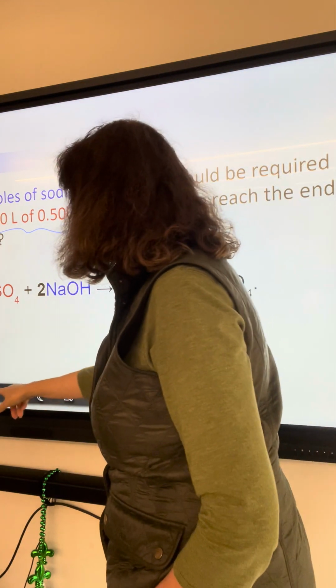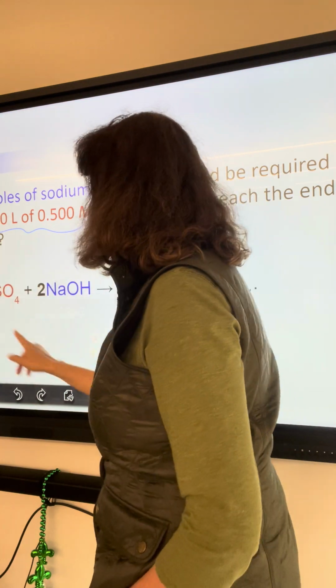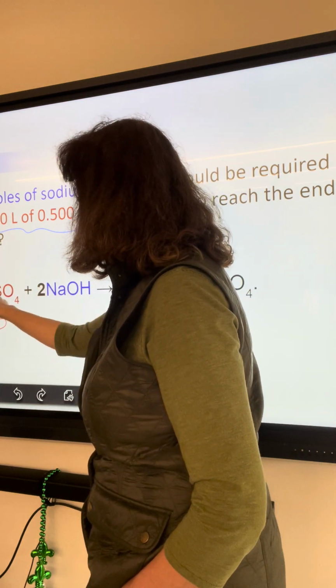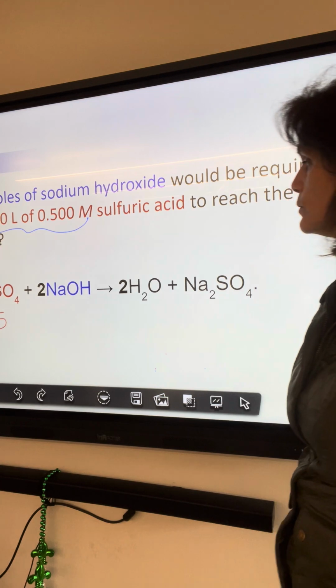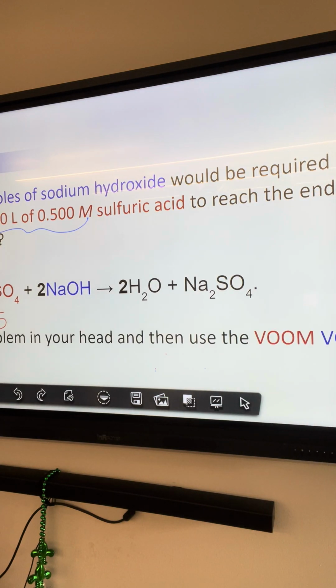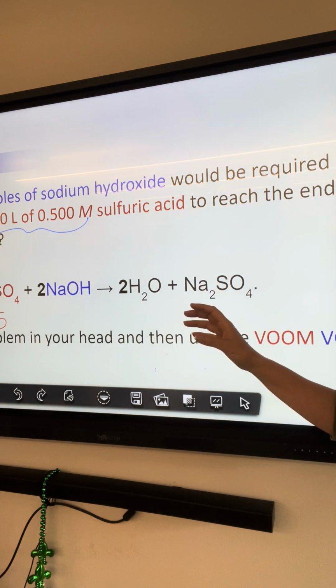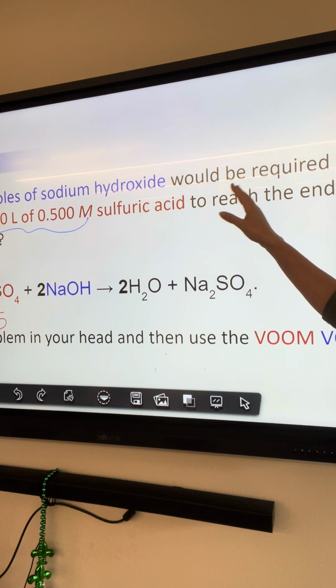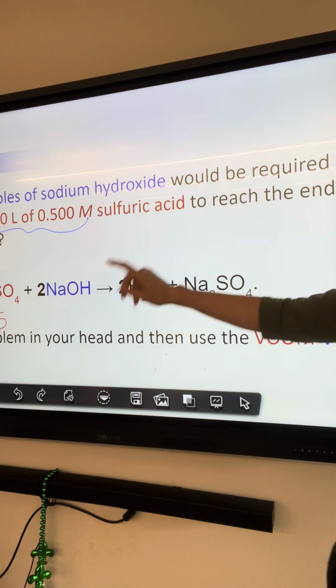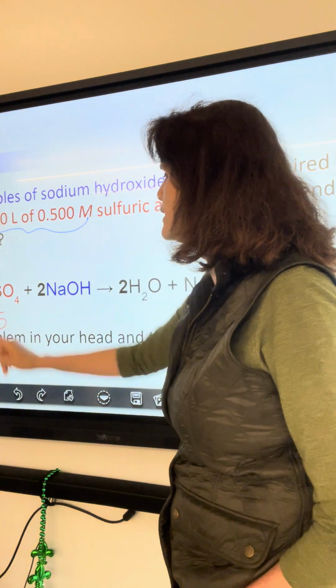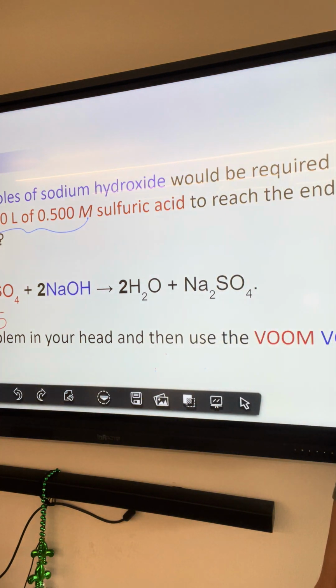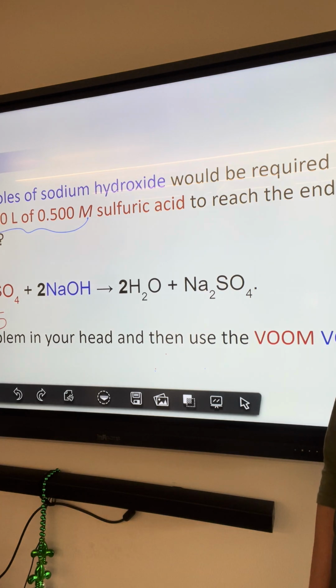So you have 0.5 moles of sulfuric acid, and it's a 1:2 ratio, right? How many moles of sodium hydroxide are required in order to neutralize that completely? 1, right? Does that make sense?